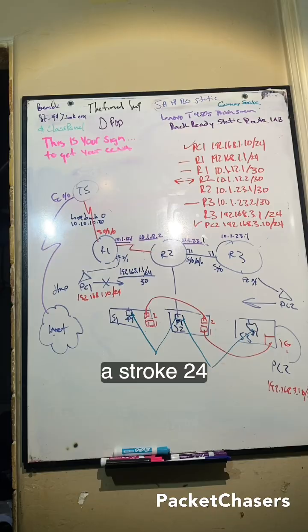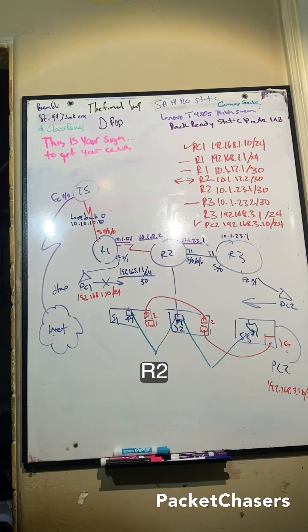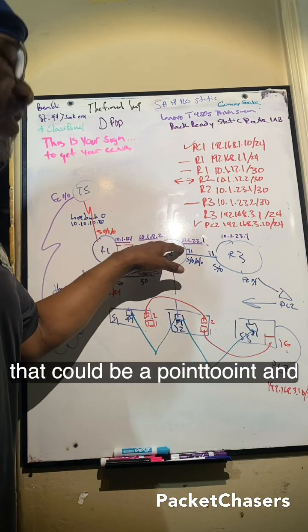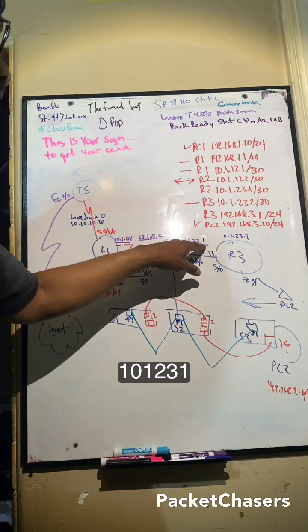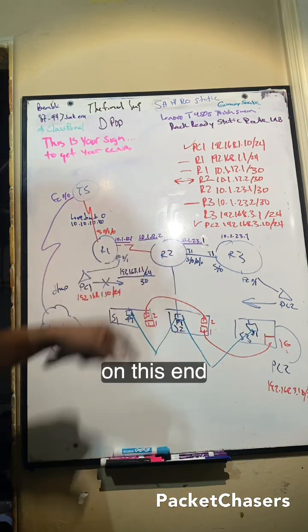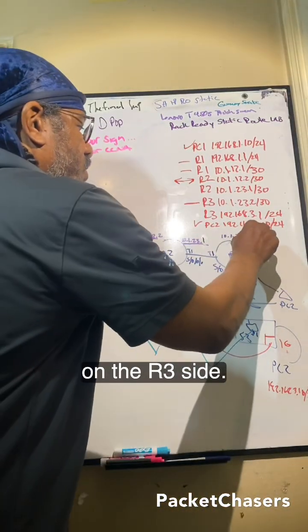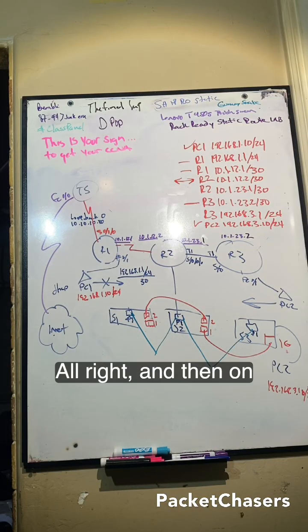That could be a point-to-point. And on this side, 10.1.23.1 on this end and 10.1.23.2 on the R3 side.